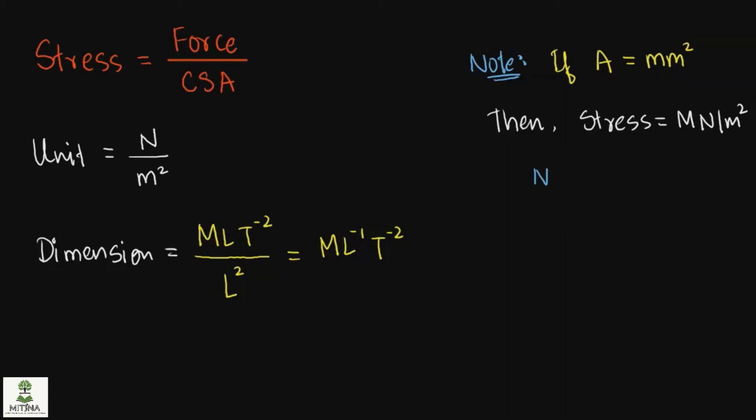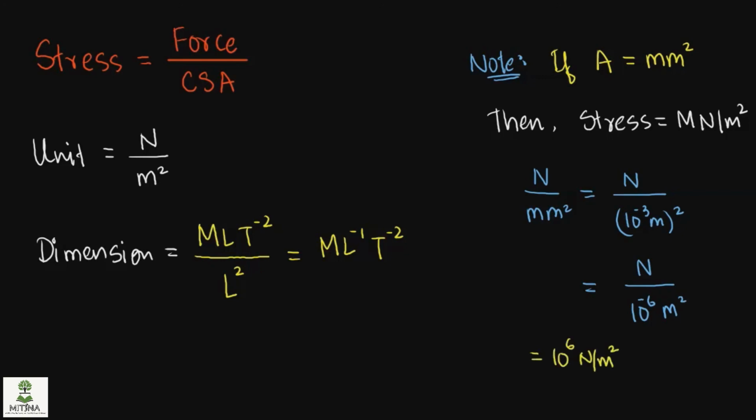If we have Newton upon millimeter square, we can write this as Newton upon 10 to the power minus 3 meter whole square, because 1 millimeter is 10 to the power minus 3 meter. So this basically comes out to be equal to Newton per 10 to the power minus 6 meter square, which is equal to 10 to the power 6 Newton per meter square, and 10 to the power 6 is mega. So we have mega Newton per meter square.